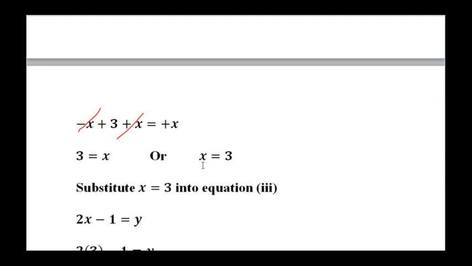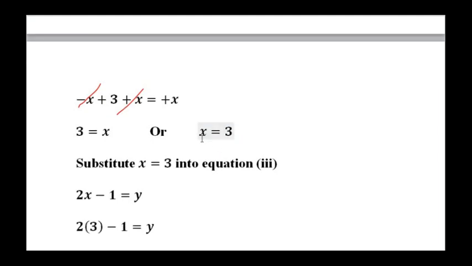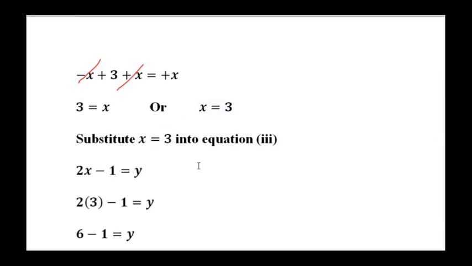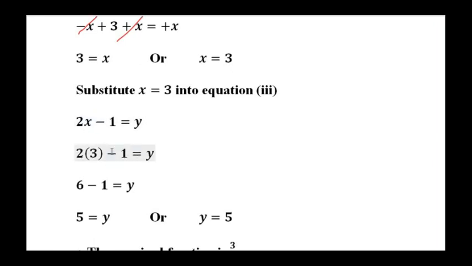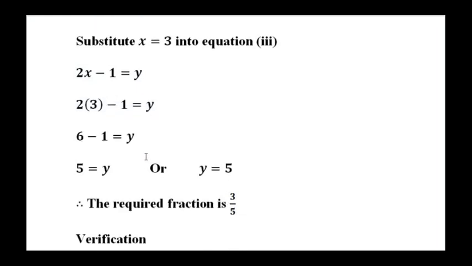Now that we have found the value of the variable x, to find the value of the variable y, I will substitute x in equation 3, 2x - 1 = y, which becomes 2 into 3 - 1 = y. Now 2 times 3 is 6, 6 - 1 equals 5, or y = 5.